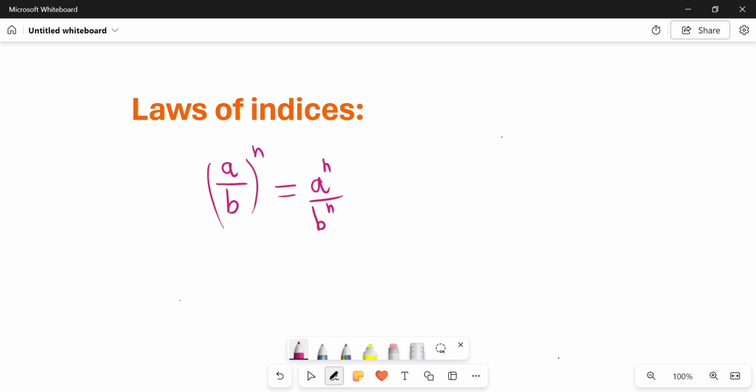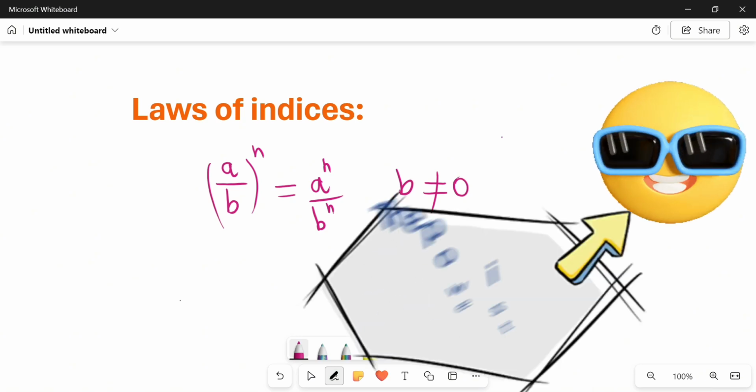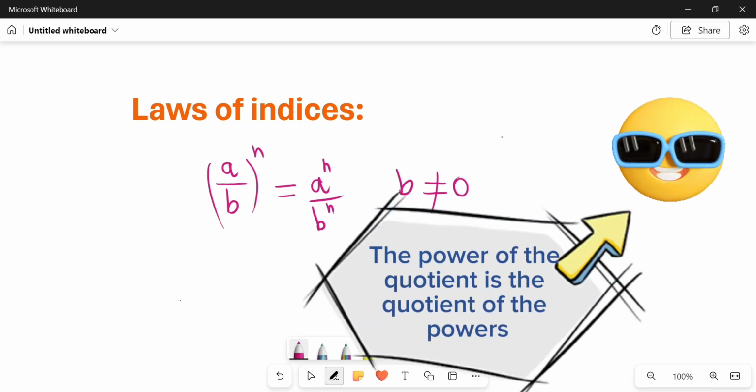So as you can see here, guys, we distributed the power for the top and the bottom number of the division, or for the numerator and denominator of the division, where B doesn't equal 0. So the power of the quotient is the quotient of the powers.